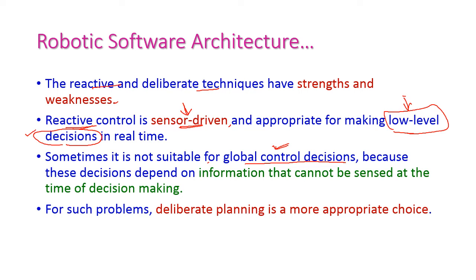These decisions depend on information that cannot be sensed at the time of decision making. So the reactive control is used to make decisions at a lower level, in real time. For taking decisions at the global level, we can use the deliberate planning technique.